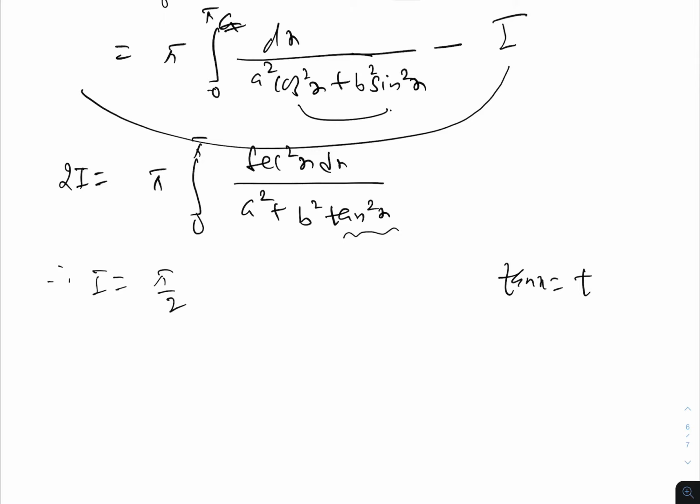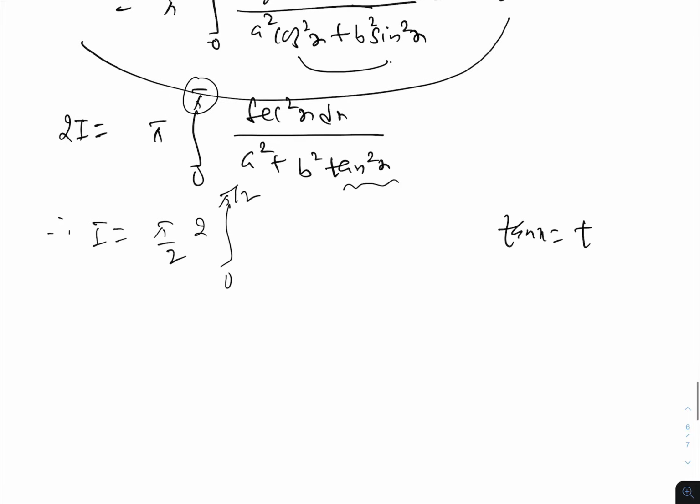And one more thing we need to take care of here: 0 to pi, so we should make it 2 times 0 to pi by 2. Otherwise, if I take tan x equal to t, the limits of integration, tan 0 is 0, tan pi is also 0. So 2 times 0 to pi by 2 sec square x dx over a square plus b square tan square x.